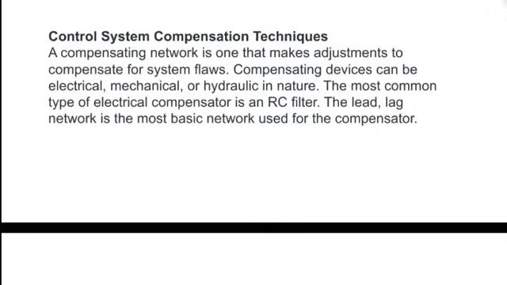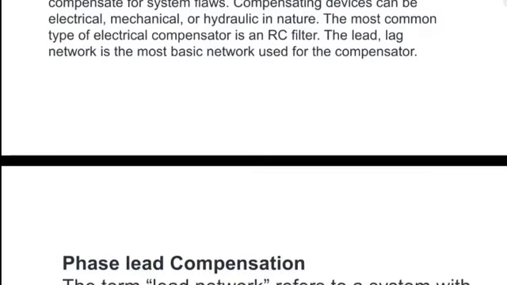So the control systems compensation technique is the adjustment to compensate for system flaws. Compensating devices can be electrical, mechanical, or hydraulic in nature. The most common type of electrical compensator is the resistor-capacitor filter, that is the RC filter.